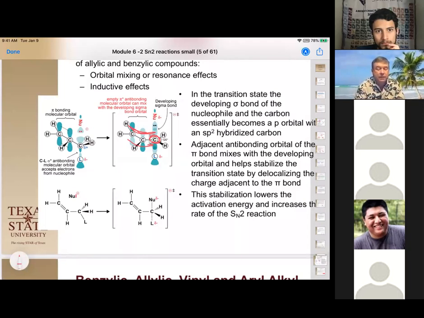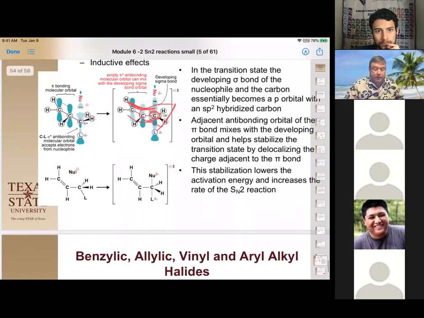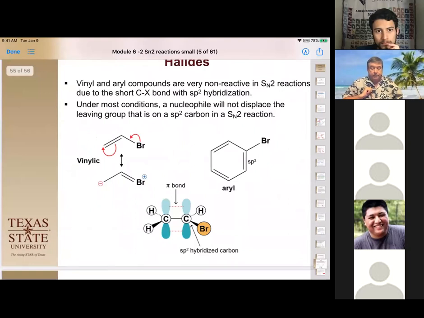But just keep in mind that the reason it's working is because we are going through this trigonal planar transition state, and then those p orbitals can actually help stabilize that charge. But these cannot undergo that because sp2 hybridization means you have an available p. You cannot do SN2 reactions on anything other than sp3 hybridized carbons.